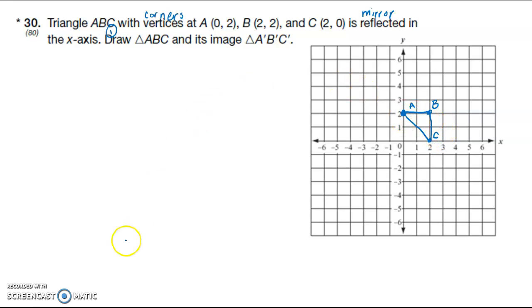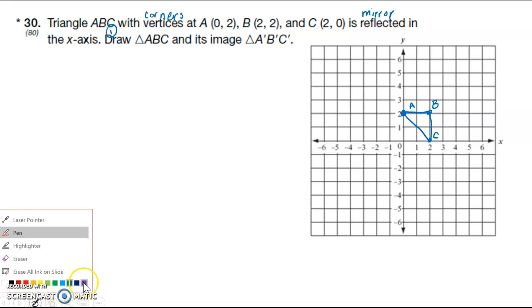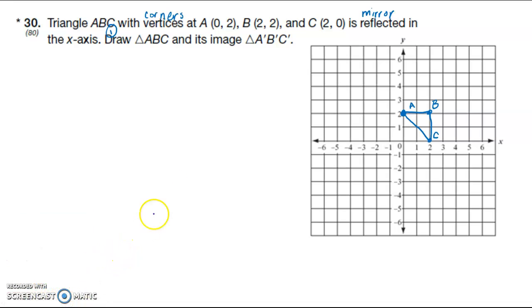So this is my original triangle. Let me change colors so I can show you what the other one looks like. So it's supposed to reflect off the x. So my mirror is going to be right along the x-axis, which means this probably looks like, let's see, here, here, and here. So since C is actually on the x-axis, you can see where it'd be a mirror image.